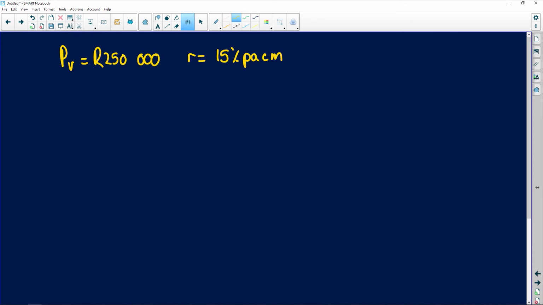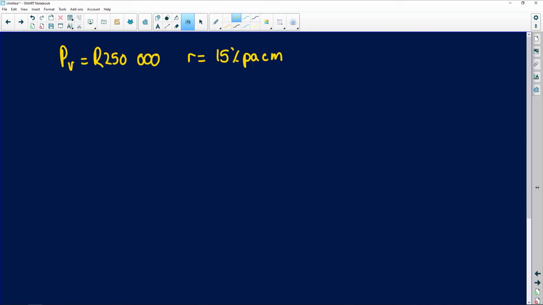Remember, this is what we call a nominal monthly rate, because your stated period, which is per annum, does not correlate with your compounding period, folks. In financial maths, you cannot use this interest rate. You need to change it to an effective rate per period. And in this case, we're going to change it to a per month rate.